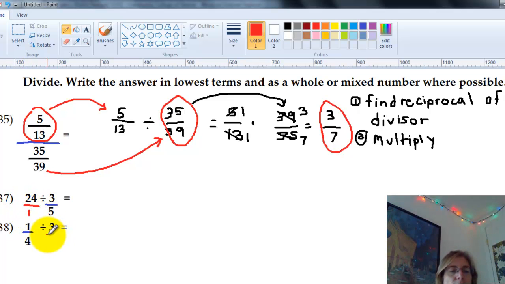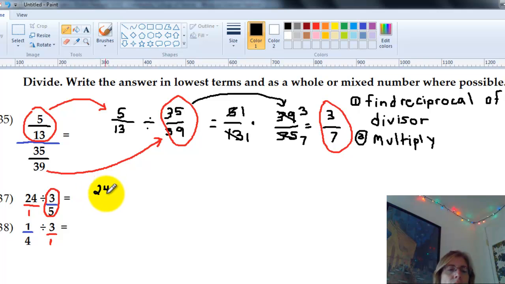That's simply by putting the number with a denominator of 1. And now we can follow our rules. Find the reciprocal of the divisor. Divisor is here. And multiply. So we'll set it up as a multiplication problem.